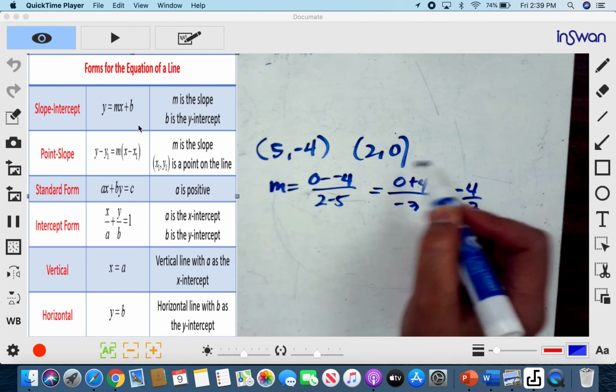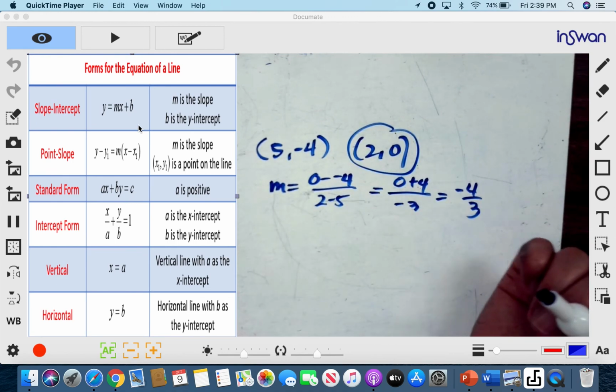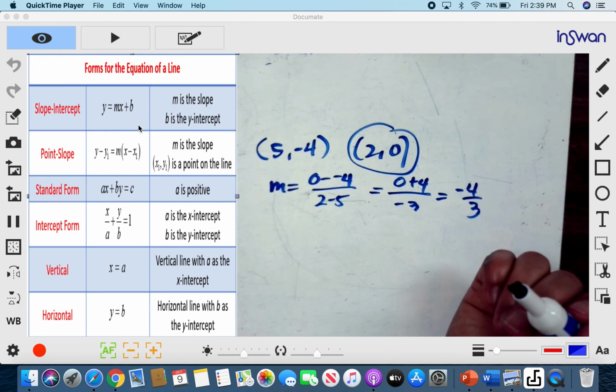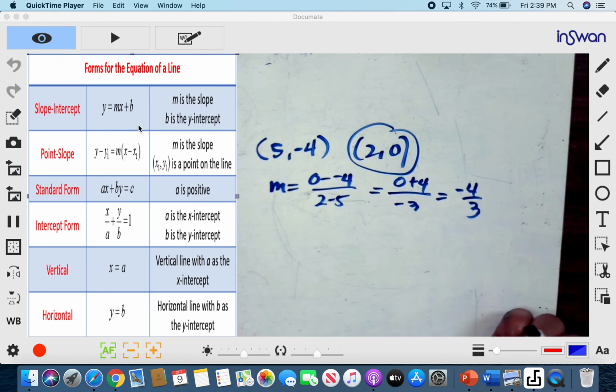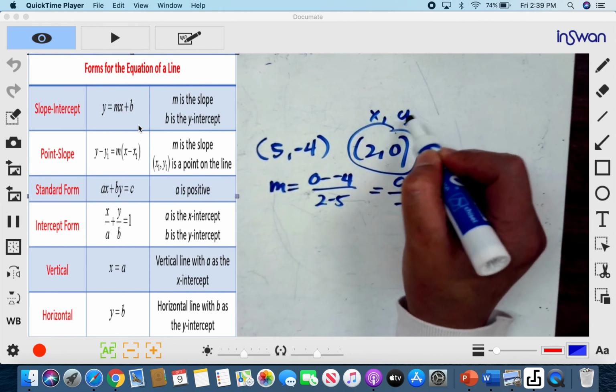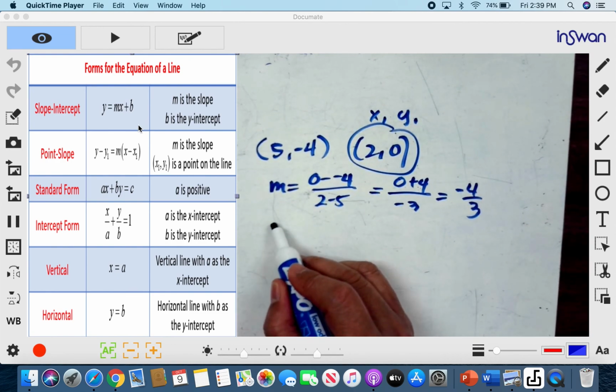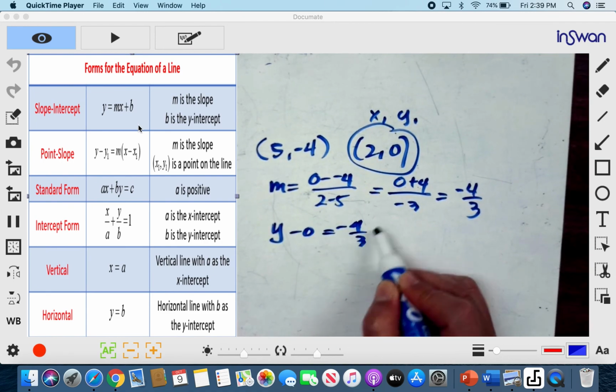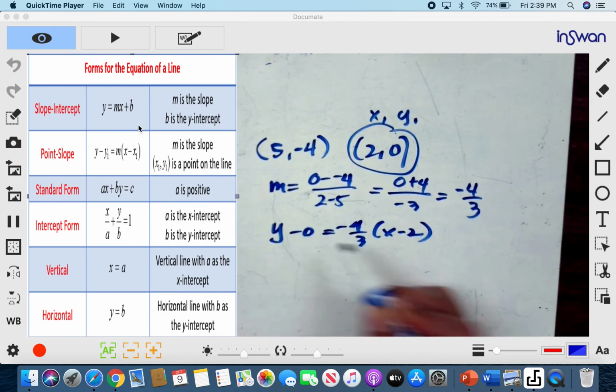After that, we choose one of the points because this is easier. So don't make things difficult for you. The simpler, the better. So I'm going to use 2, 0 as my x1, y1. So you will have now y minus 0 equals negative 4 thirds times x minus 2. As you can see, this is cancelled.